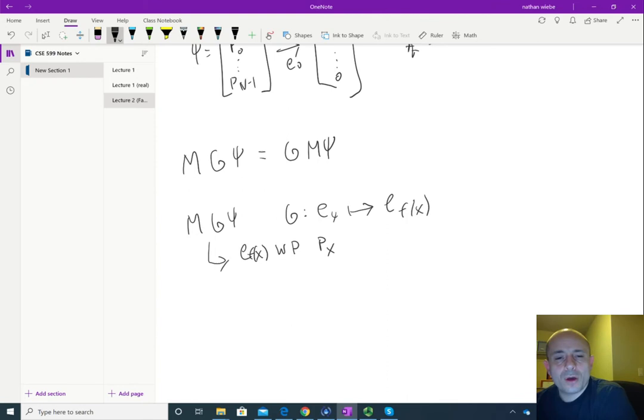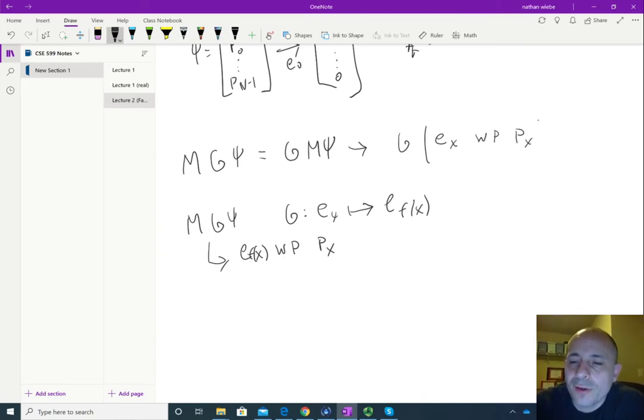Now let's take a look at the other distribution. When we apply M to psi, it'll output e_x with probability p_x, and then g acting on that. Because g is a permutation, it will again map e_x to e_f(x) with probability p_x. This implies that we have exactly the same probability distribution.